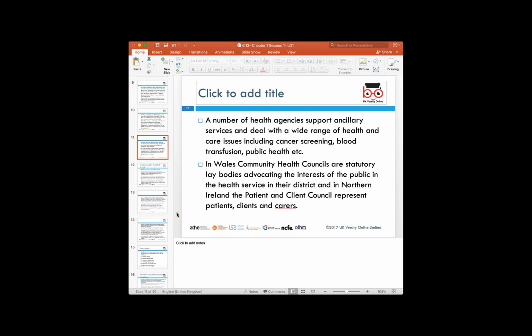I gave an earlier example: if somebody has gone through an accident and had a procedure within the hospital, but after being discharged you need physiotherapy, that might not be directly provided by the NHS, but you might be referred to physiotherapy sessions to get back to normal. These sessions could be arranged through third-party or ancillary agencies which provide this care after you've had the operative procedure at the hospital.